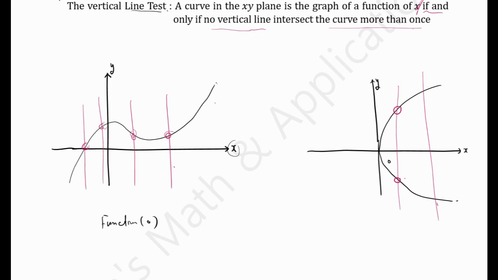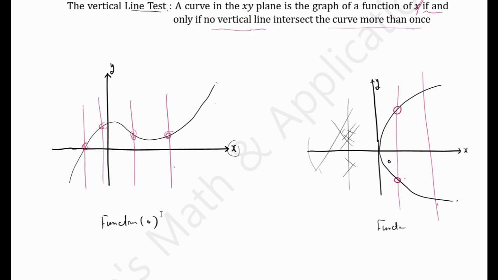So this is not a function. A function has only one intersection. We consider only one intersection within the domain and range. So this has 0 intersection, but that is not in the domain, so we cannot consider this vertical line, and we consider vertical lines only within the domain.